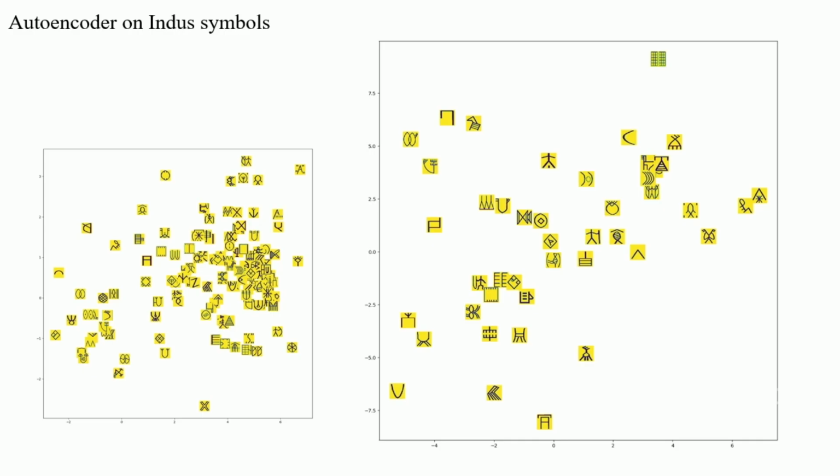But how do you relate that to the symbols? So the symbols are 64 by 64, right? MNIST data set 64 by 64, right? So you make it linear, 64 into 64, 4096, no?